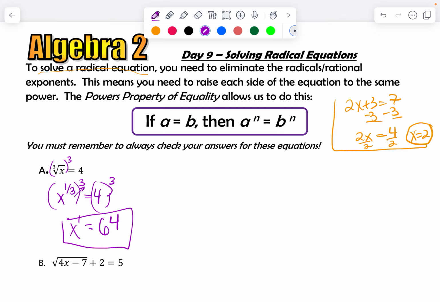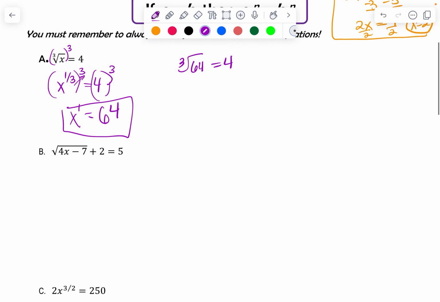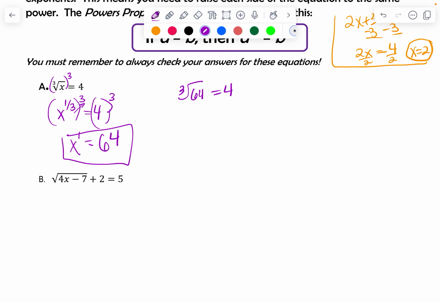You need to check and make sure if you plug this back in that the cube root of 64 does equal 4. You should kind of mentally check that off to the side, because when we start getting more complicated ones like b and c and further down, you could have extraneous roots again. The extraneous, I think that's how you spell it.